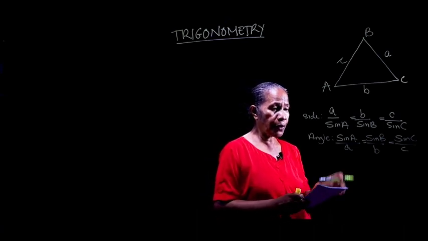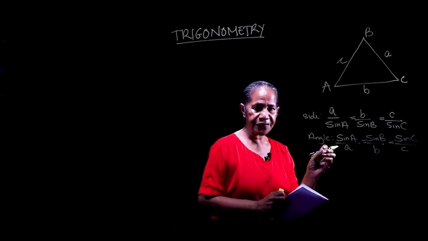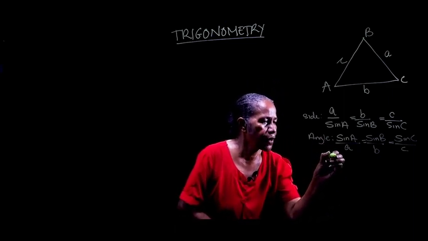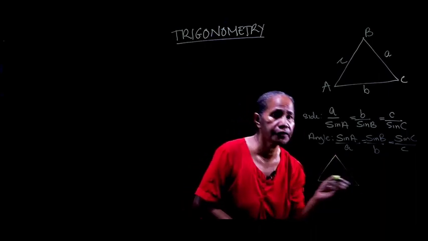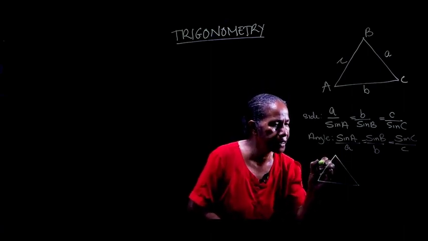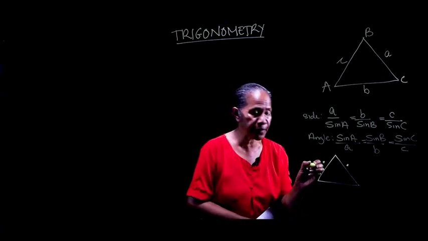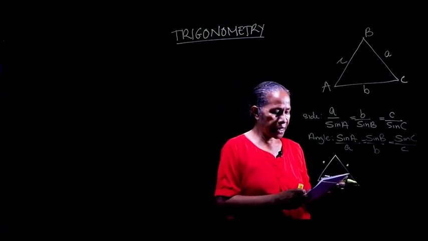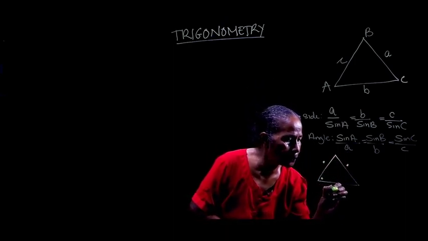Before we can do that, there are ways in which it will help us to identify which to use. We will look at two triangles. When two sides are given and the angle is non-inclusive, meaning the angle is not between the two sides, then that is used for finding a missing angle.